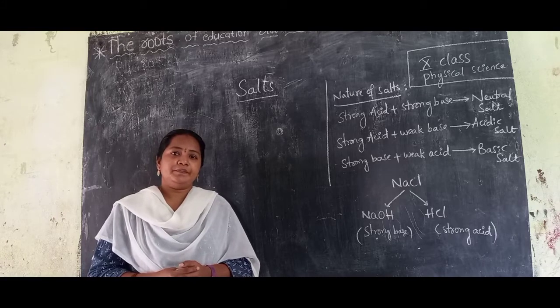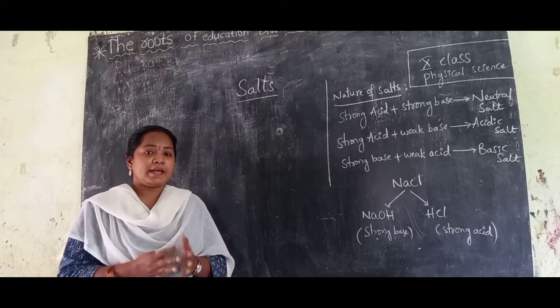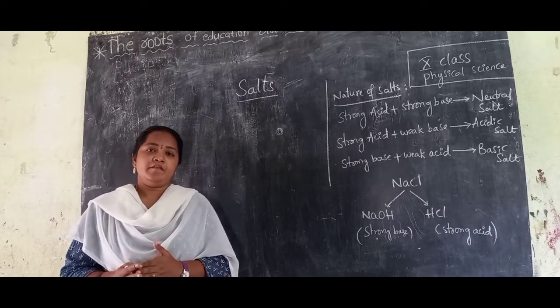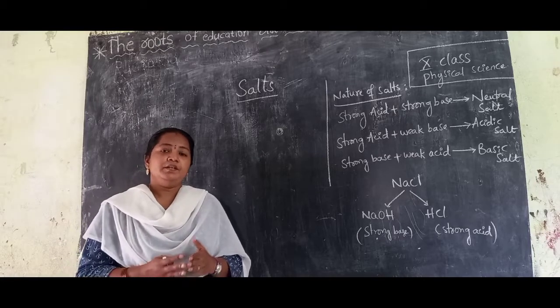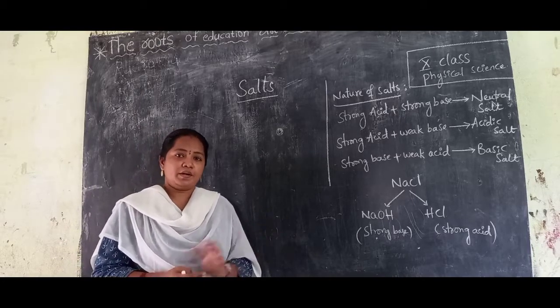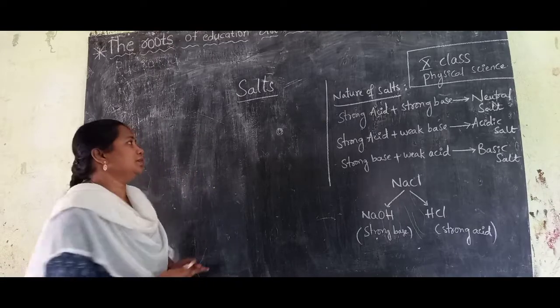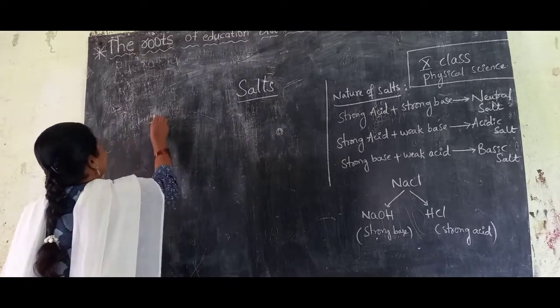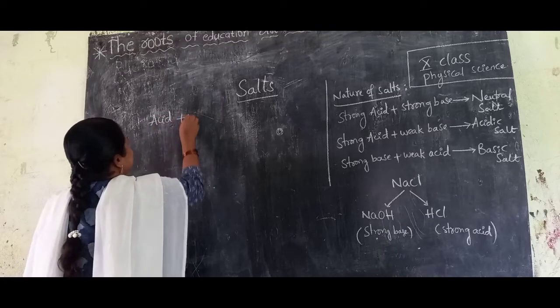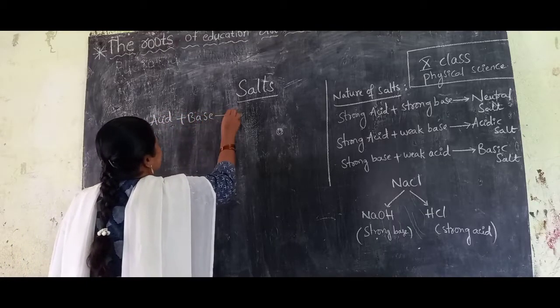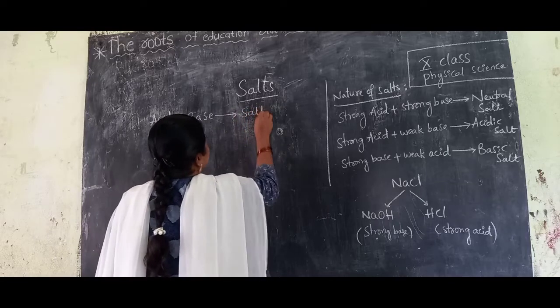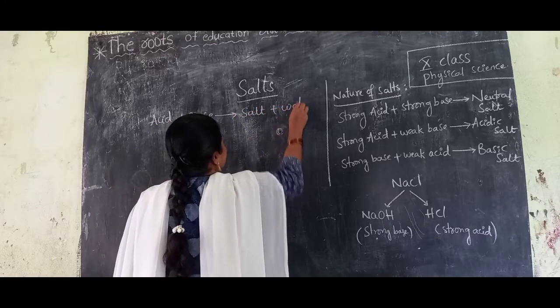Neutralization is the reaction between an acid and a base. When an acid reacts with a base, it forms salt and water. That reaction is called a neutralization reaction. Acid plus base gives rise to salt plus water.